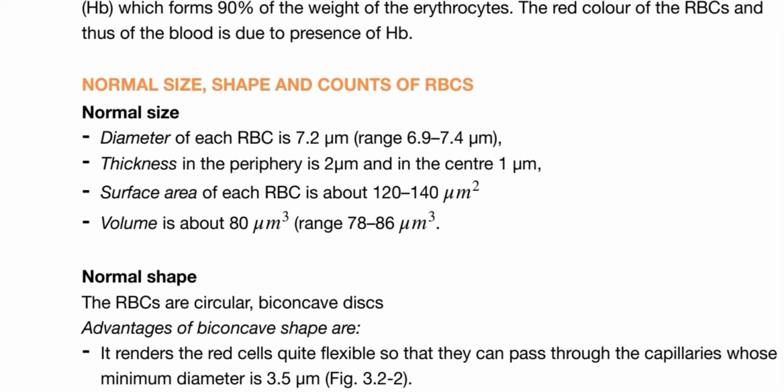The shape of RBC is biconcave, so in the middle it is thin and in the periphery it is thick. Surface area of each RBC is about 120 to 140 micrometer square. Volume is about 80 micrometer cube and the range is from 78 to 86 micrometer cube. This we have to remember.